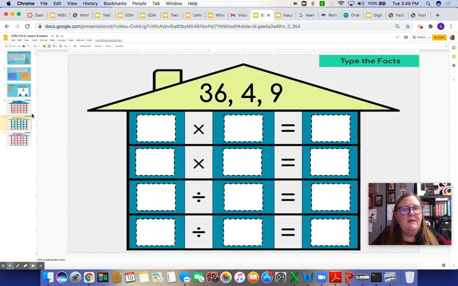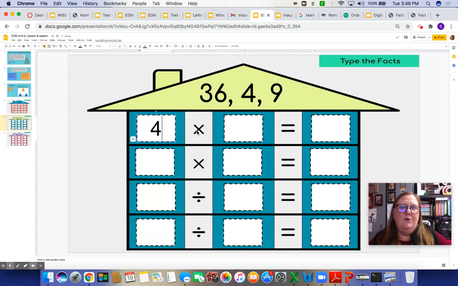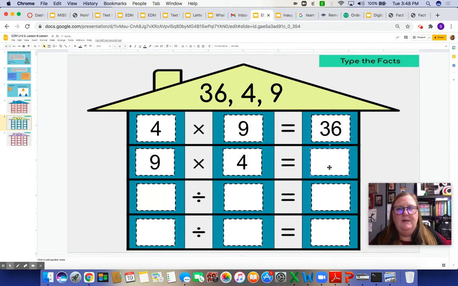Let's practice another one. Now we have the numbers 36, 4, and 9. We're going to start with our multiplication problems first. We're going to do 4 times 9 equals 36. Then these two factors switch places, and 9 comes first, and then 4 gives us a product of 36.